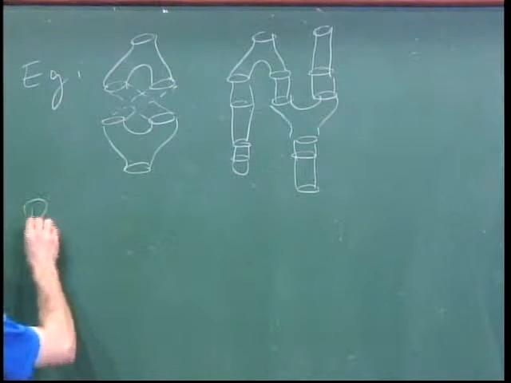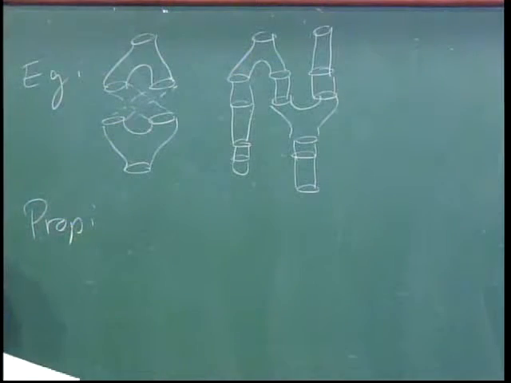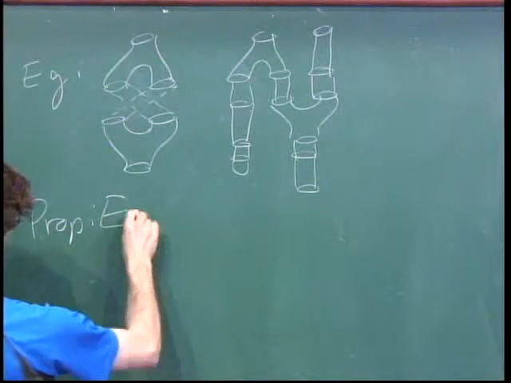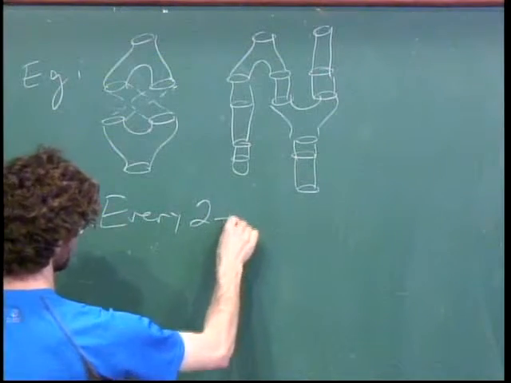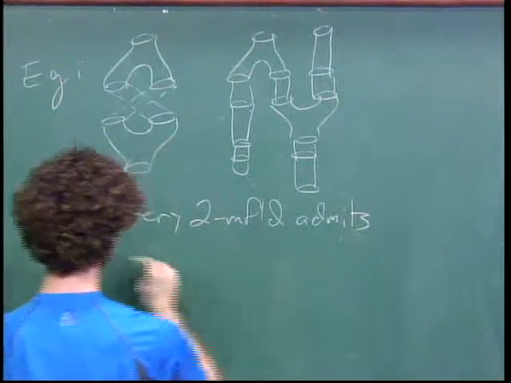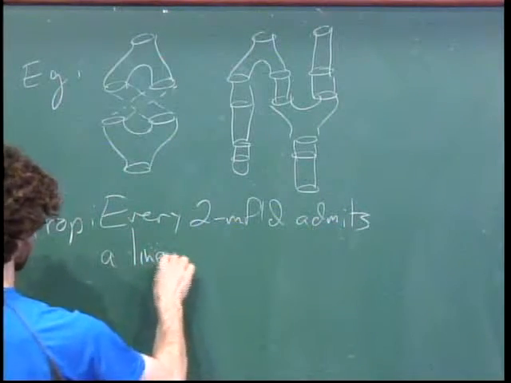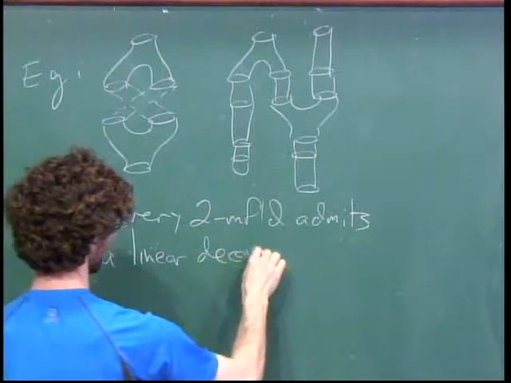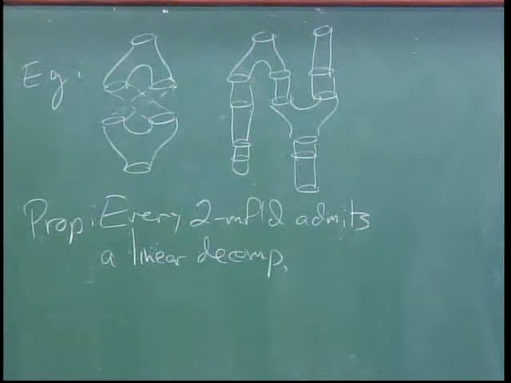And so then you just want to show that every two-manifold admits a linear decomposition. This whole story is kind of just warming us up for the three-dimensional case, as you might imagine.